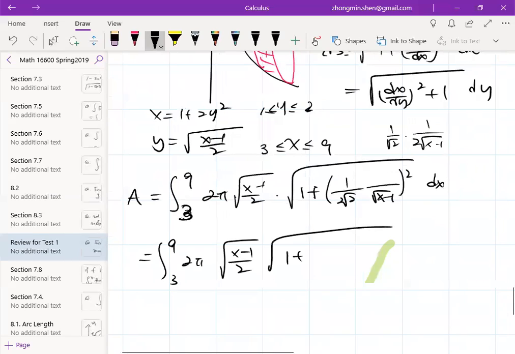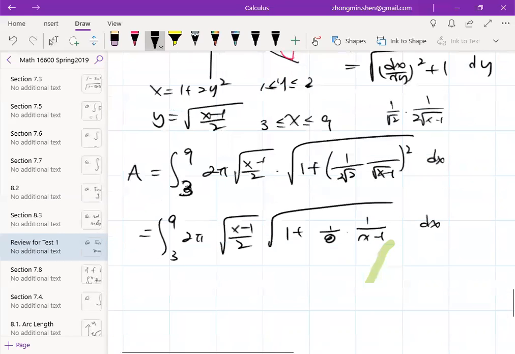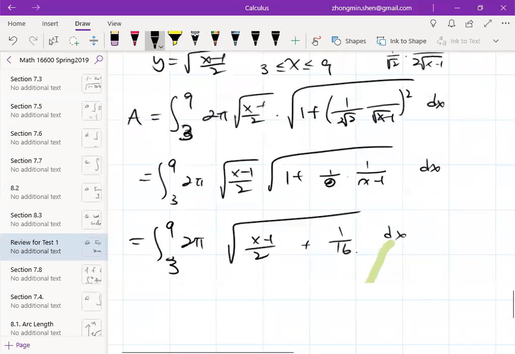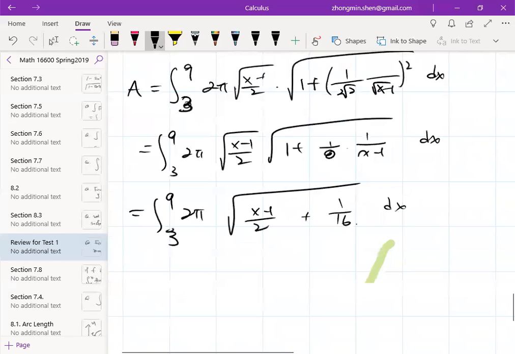And multiply this out. This is gonna be 8 times x minus 1, right? Then you multiply this out. Okay? And you move this inside, half of x minus 1, and plus 1 over 16. Okay, this is a linear function inside, so then use a linear substitution, and you can call this one u, okay? Then it's easy, okay? So I stop here. I'm not going to do this.